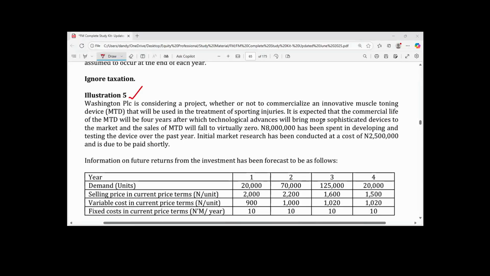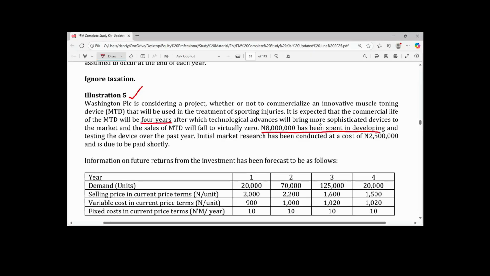Washington PLC is considering a project whether or not to commercialize an innovative muscle toning device, MTD, that will be used in the treatment of sporting injuries. It is expected that the commercial life of the MTD will be 4 years, after which technological advances will bring more sophisticated devices to the market, and the sales of MTD will fall to virtually zero. 8 million naira has been spent in developing and testing the device over the past year.